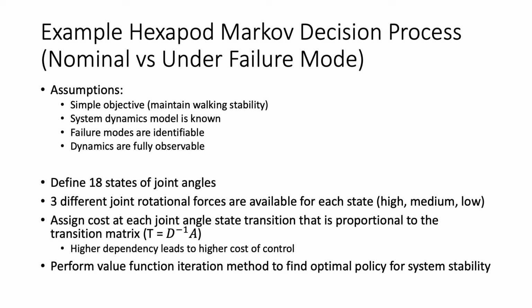We are just looking at a simple objective of going from A to B, and our goal is to maintain the walking stability. So we want the robot to walk in a stable manner, and we are assuming that we have the dynamics model of the hexapod robot, and that when a failure mode happens, so when a joint is locked, we will know which one has failed.